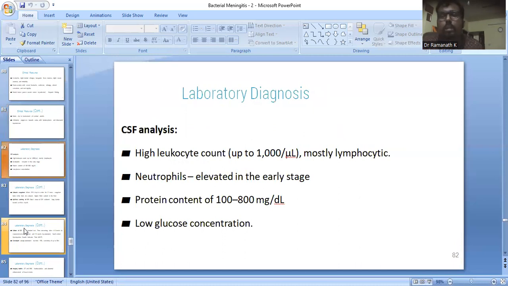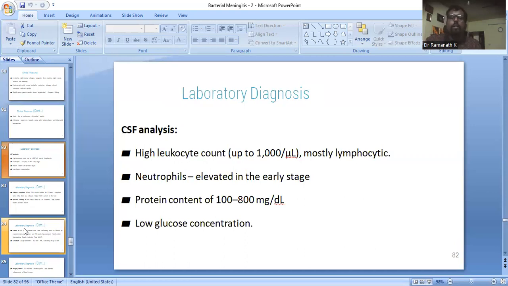What can we do in the laboratory diagnosis of tuberculous meningitis? As I told earlier, CSF analysis is the best method to diagnose tubercular meningitis. Because it is a chronic infection, you can see a leukocyte count that is mostly lymphocytic, up to 1000 per microliter of CSF.